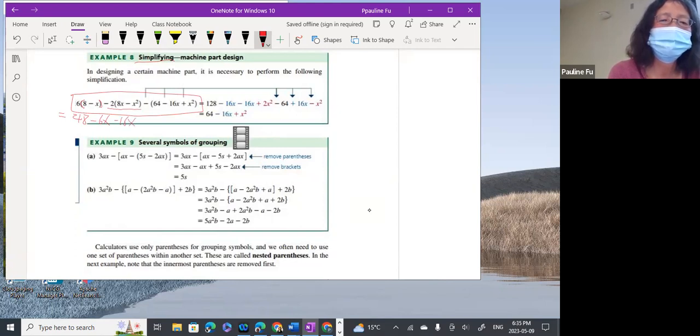So negative 2 times negative x squared, positive 2x squared. And then you take away the last bracket here. When you take away the bracket, you have a negative sign in front of the bracket, so everything inside the bracket will change the sign.